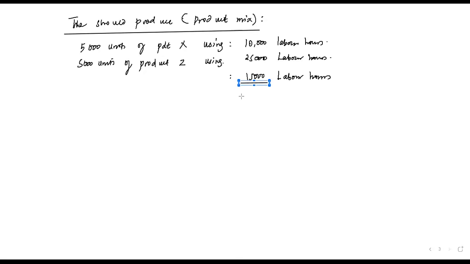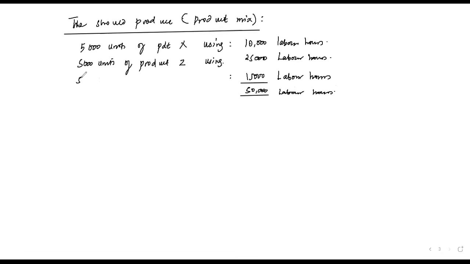We have to use these hours to produce the third product in ranking, that is product W. Each unit of product W requires 3 hours, so 3 times 5,000 gives us 15,000 labor hours.